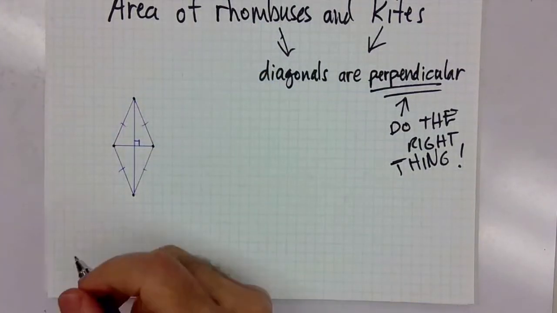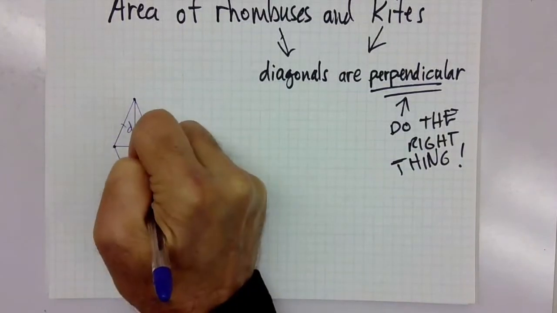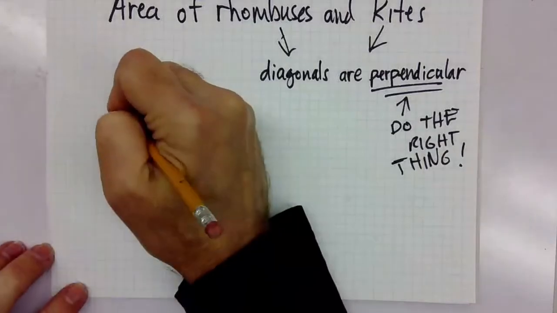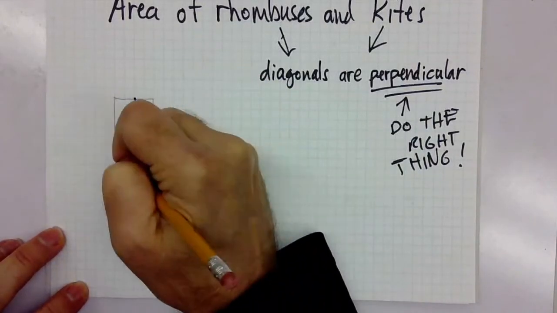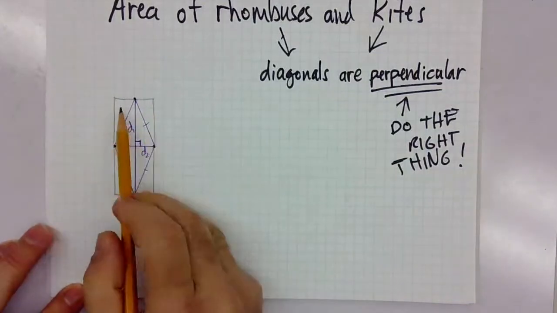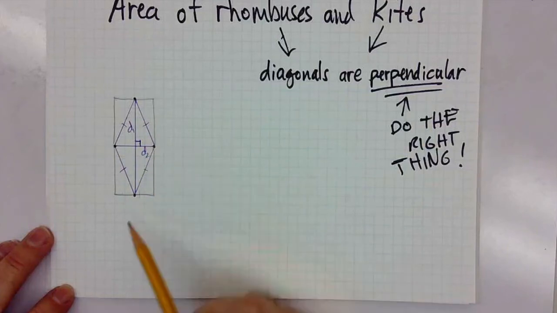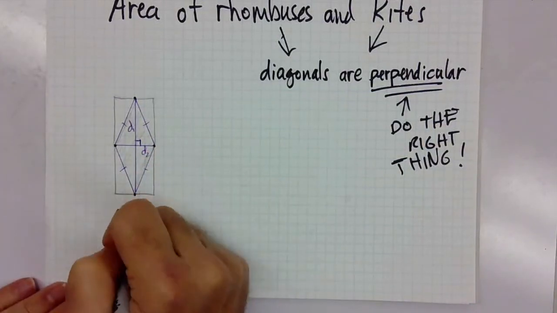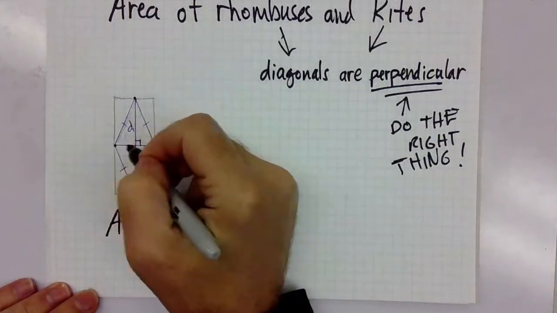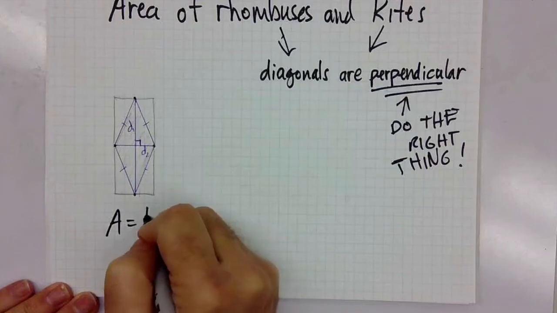So notice, if I call this diagonal D1, and I call the other diagonal D2, that gives me a rectangle that circumscribes my rhombus. This rectangle is twice the area of my rhombus. In order to find the area of this rhombus, I can simply multiply my diagonals, and then take half of that.